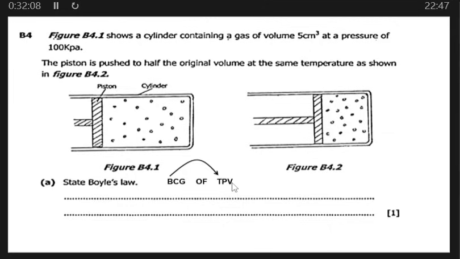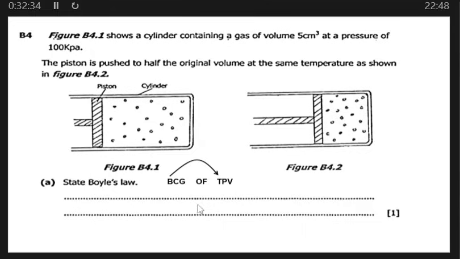When you decrease volume, pressure increases. That's the inverse. So here, I make it simple by saying that Boyle's law, when it is pointing at temperature, means at constant temperature. So Boyle's law states that at constant temperature, pressure is inversely proportional to volume.